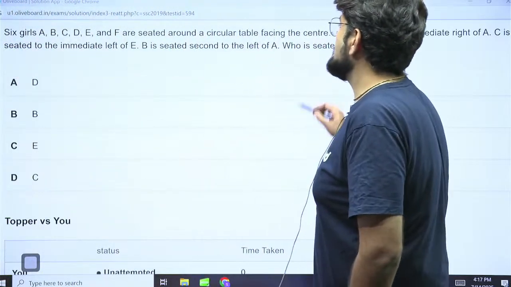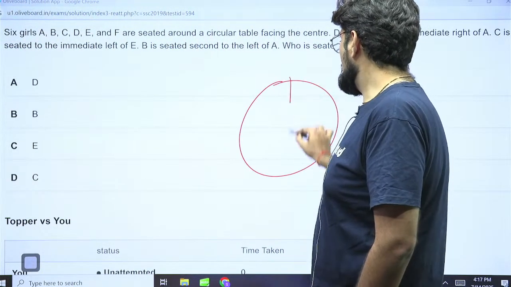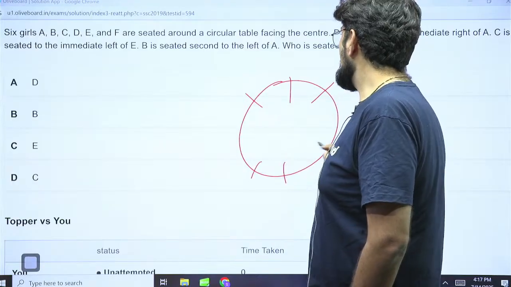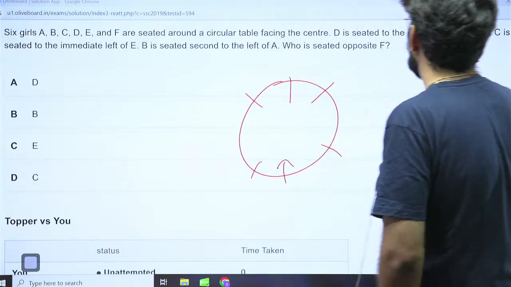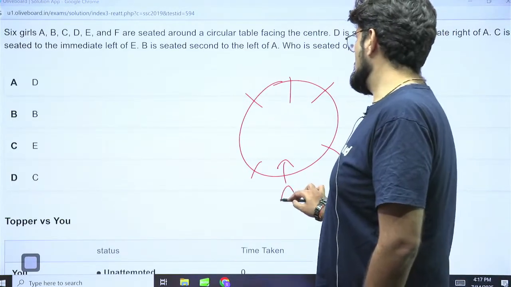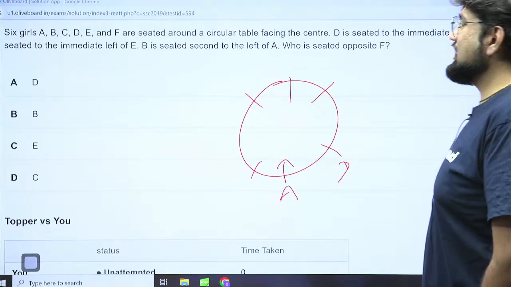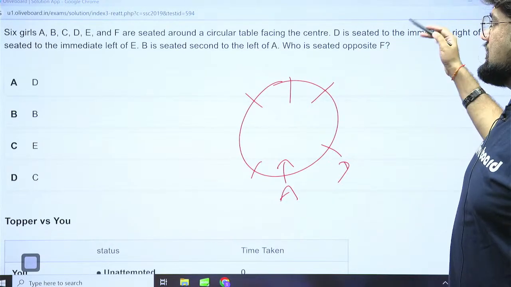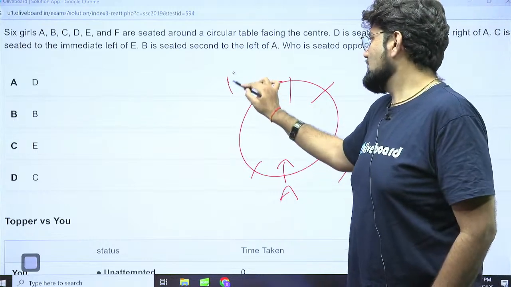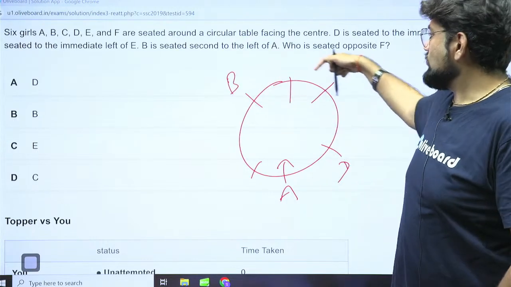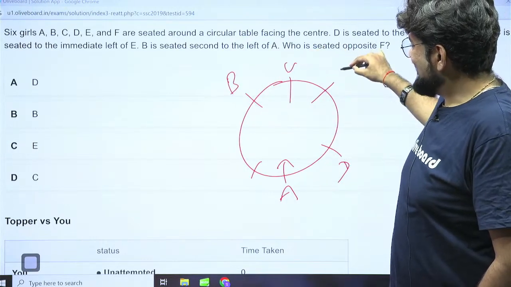Okay, 6 girls are seated around a circular table facing the center. D is seated to the immediate right of A, so we'll keep A here. D is seated here. C is seated immediate left of E. Okay. B is seated second to the left of A, so B is here. Now for C to be immediate left of E, they have to sit here. So C will be here and E will be here. Oh, sorry.